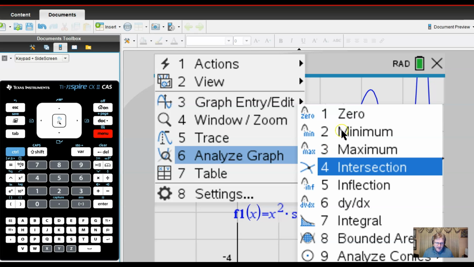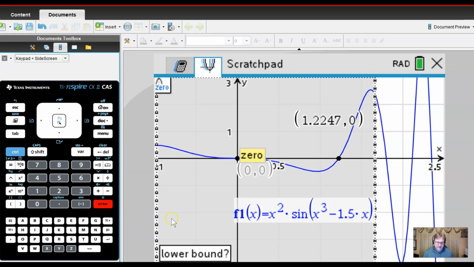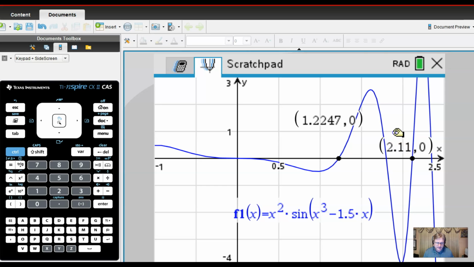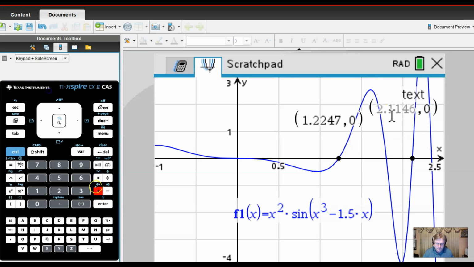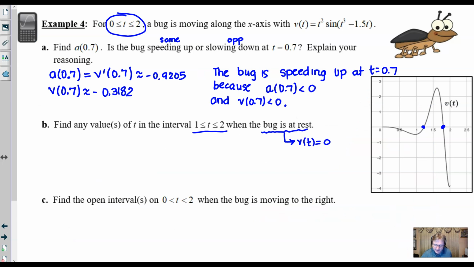Menu, analyze graph, zero, move this to the left, hit enter, slide it over to the right, boom, it's going to pick up the next one, and I would hover over that one as well so you get some more decimals. So our answers are going to be 1.2247 and 2.1146. Let's return to our document and write up that solution.